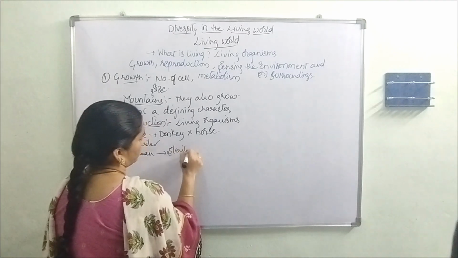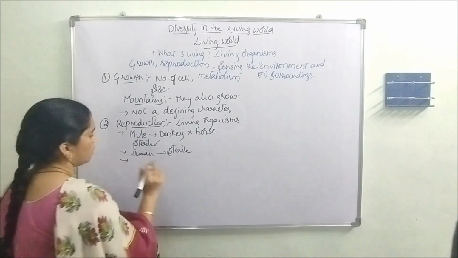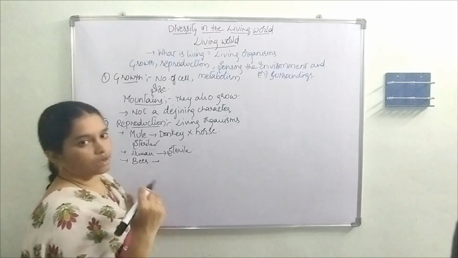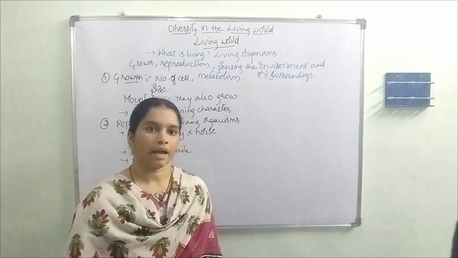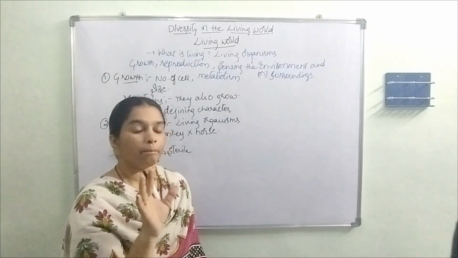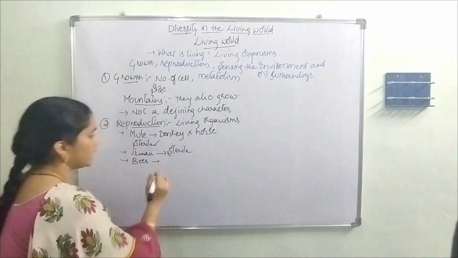So they cannot reproduce. Let us take another example of bees. Bees are of 3 types, worker bees, queen bee and male bees. Worker bees constitute male and female bees, but they are infertile or sterile.